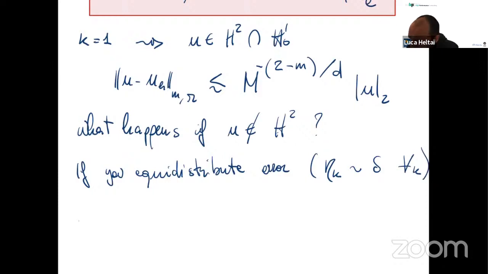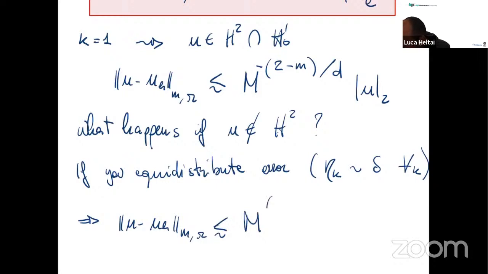Then what you can prove is that the norm of u minus u_h in H^m(omega) is controlled by a power minus 2 minus m over d, and the norm that you put on the right is the H1 norm instead of the H2 norm.